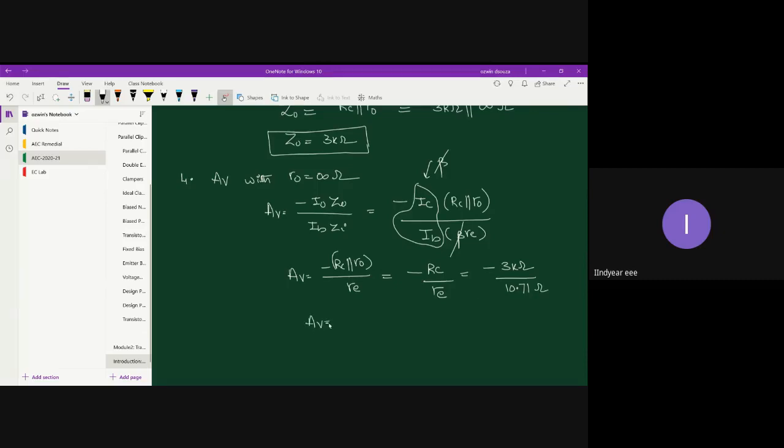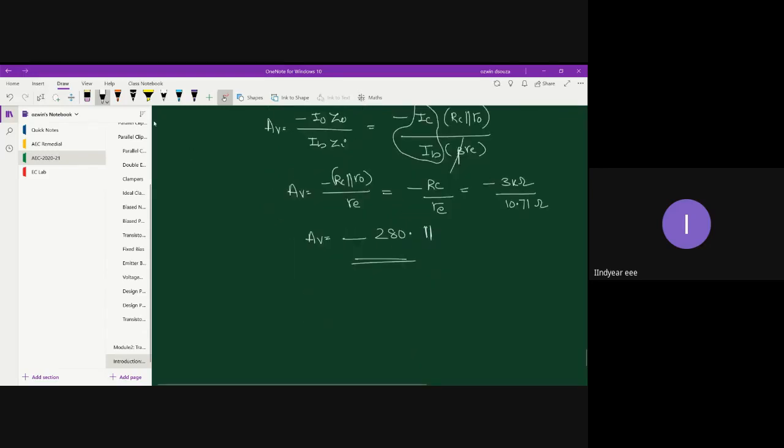How much will you get? AV as around minus 280.11. That's the textbook answer. So that's your voltage gain under infinite output resistance.